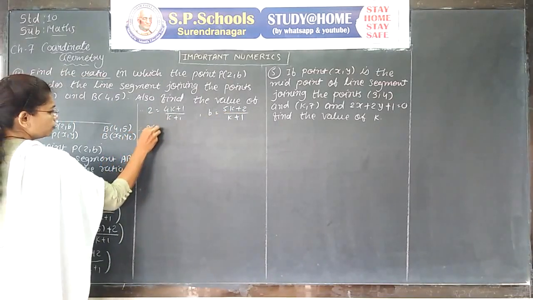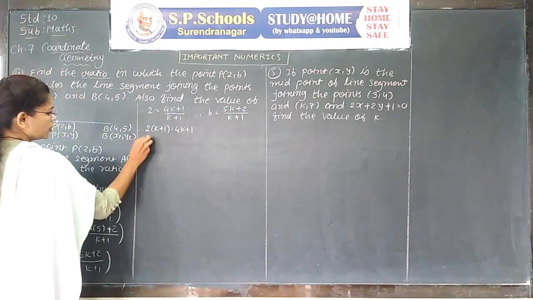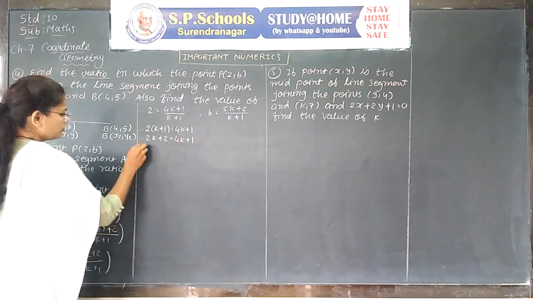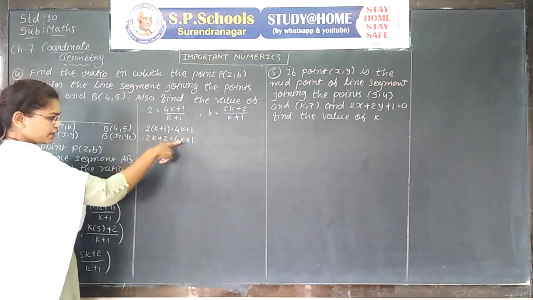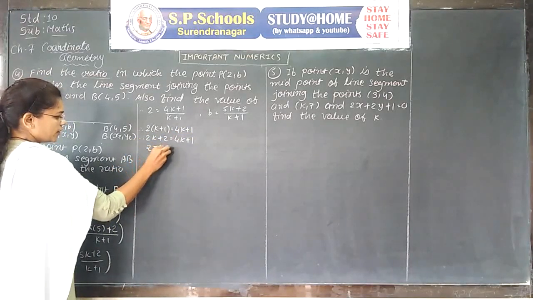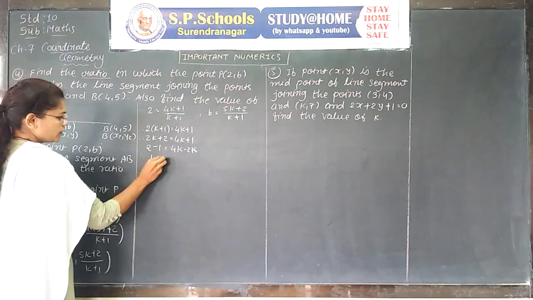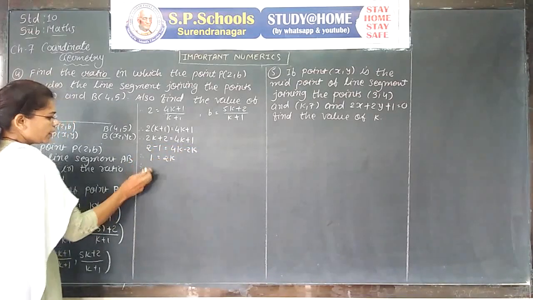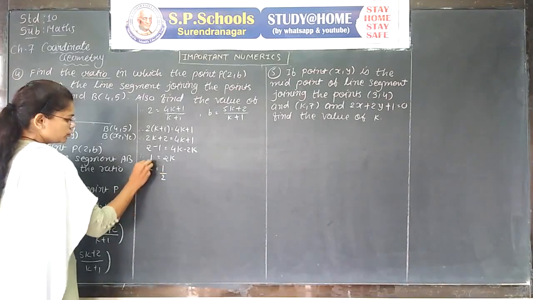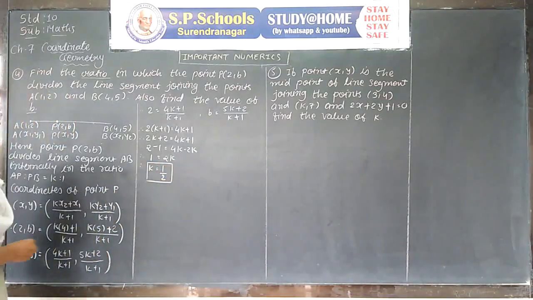Multiply (k + 1) by 2: 2(k + 1) is equal to 4k + 1. 2k + 2 is equal to 4k + 1. Shift 2k from the left-hand side to the right-hand side and 1 from the right-hand side to the left-hand side. 2 minus 1 is equal to 4k minus 2k. 1 is equal to 2k, so k is equal to 1/2. The value of k is 1/2, which means the required ratio is 1:2.